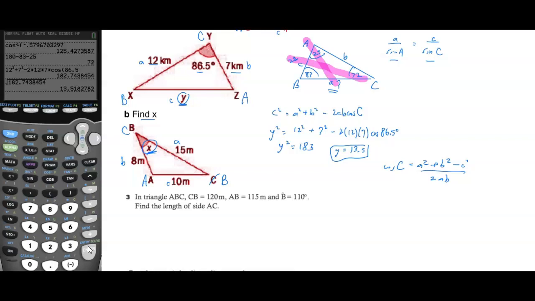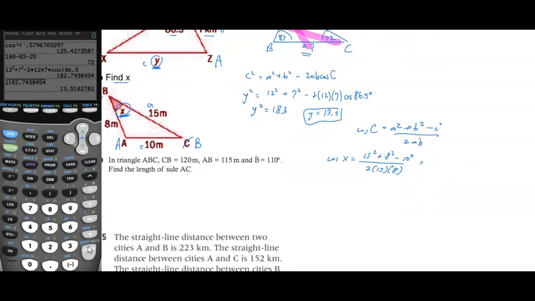So angle C is actually x, so I'm going to put cosine of x equals a squared plus b squared minus c squared, which is 15 squared plus 8 squared minus 10 squared, divided by 2 times 15 times 8. Okay, now let's simplify the left side with the calculator.